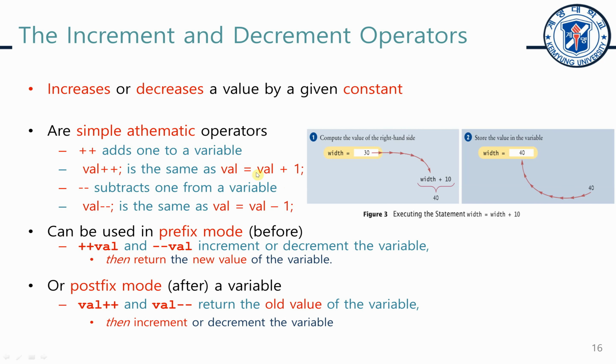That means we first compute val plus 1. In this case, width was 30, so we bring 30 here, and we calculate this value in some other memory location, and then store the value into the width variable.